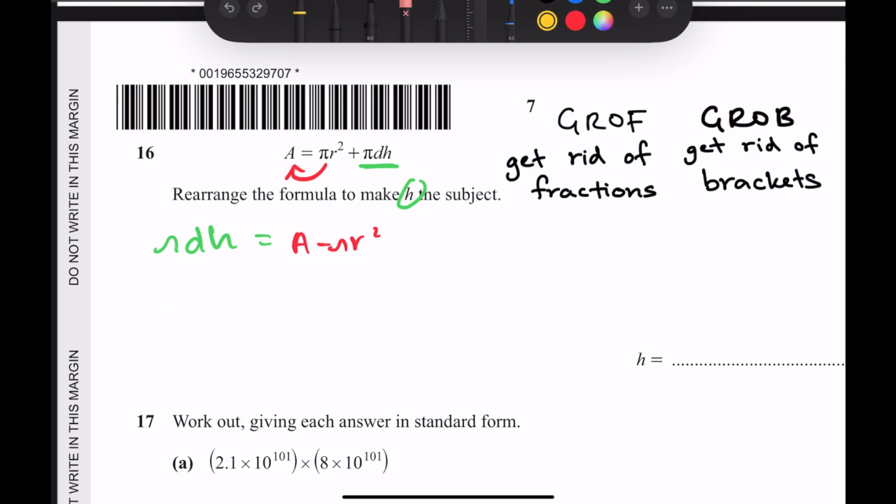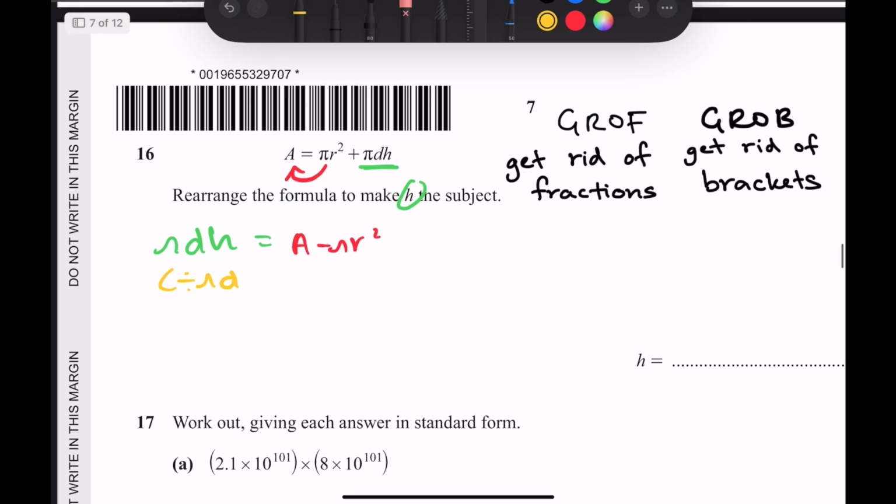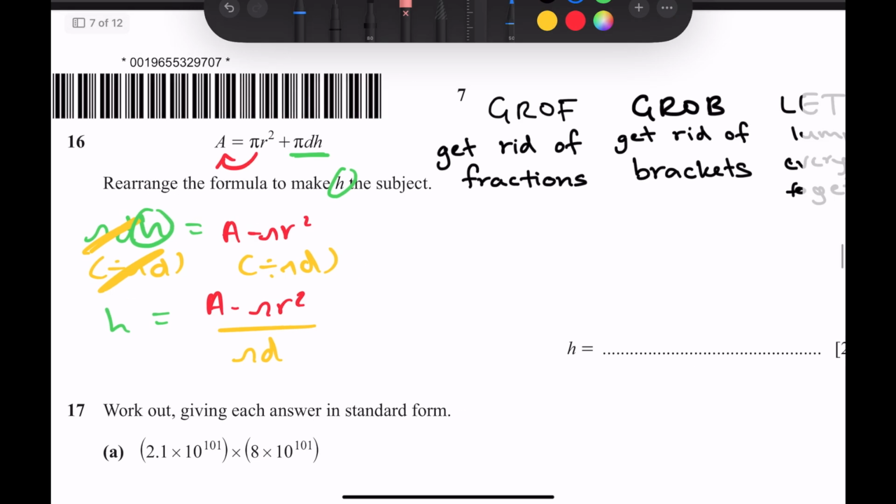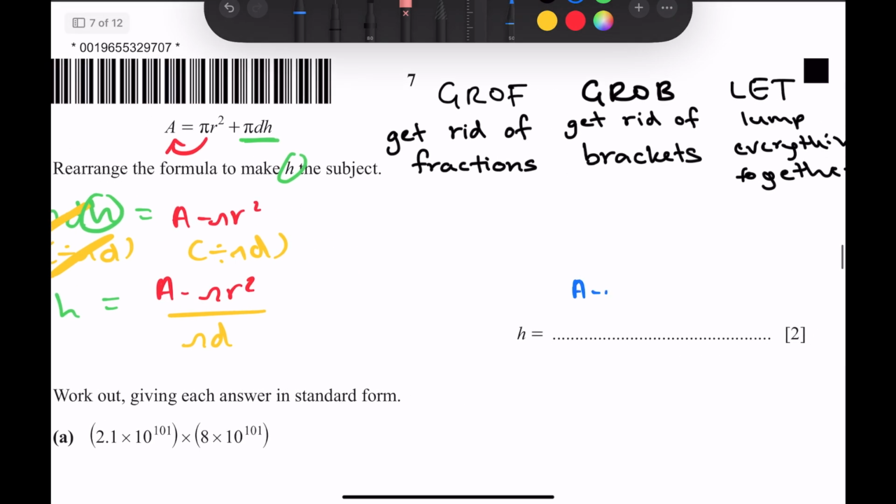If we divide both sides by pi d, this cancels off pi d over here, and this means that h is what's left on the left hand side. h is equal to a minus pi r square divided by pi d, and this is your final answer. h is equal to a minus pi r square divided by pi d.